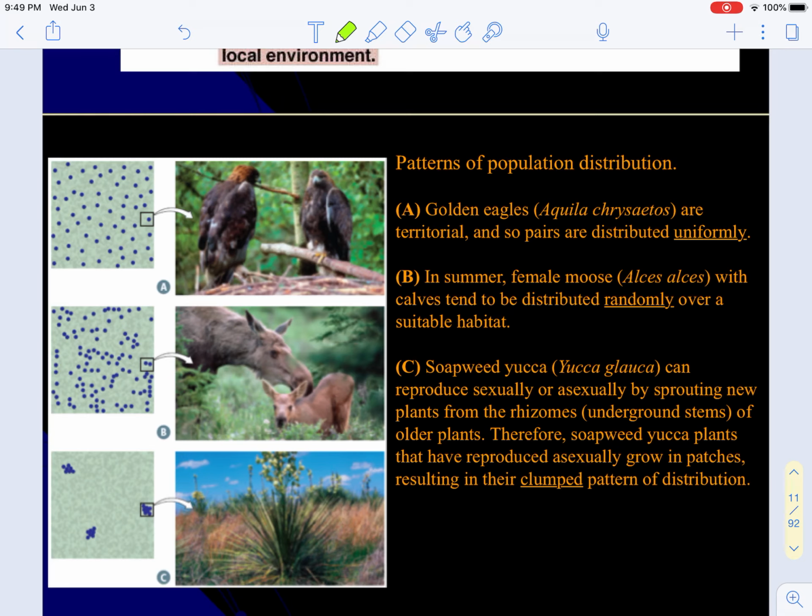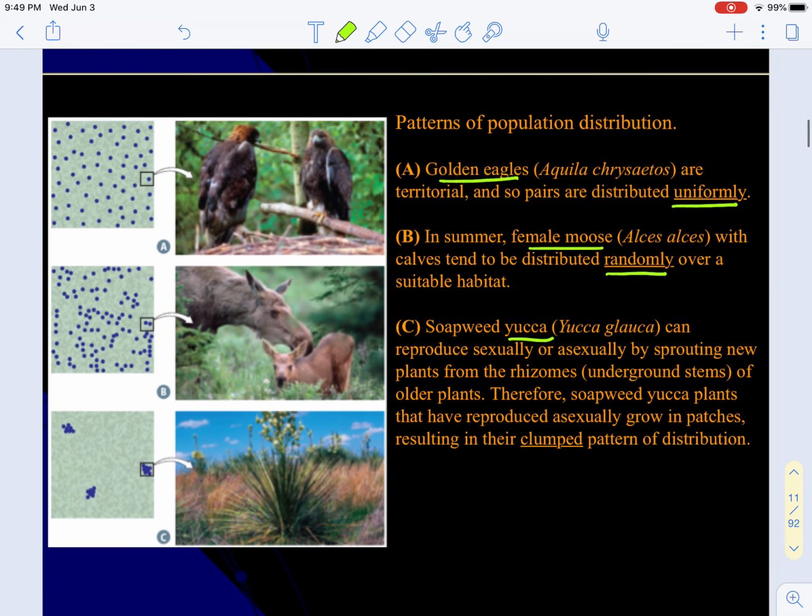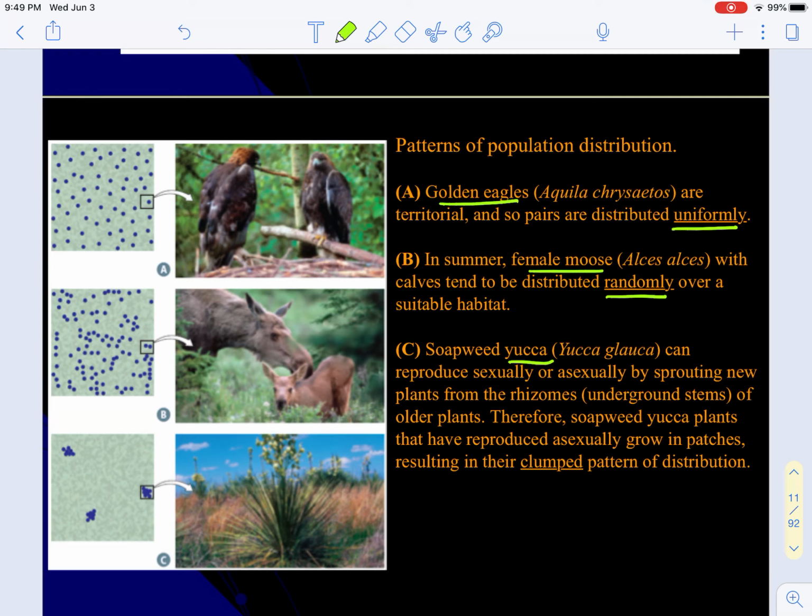Looking at some examples that were in your book, uniform distribution would be the territorial eagles. Random distribution might be the moose that just wanders around. And then the yucca plant would be one that is clumped, found in patches because of their sprouts, their rhizomes, growing underground.